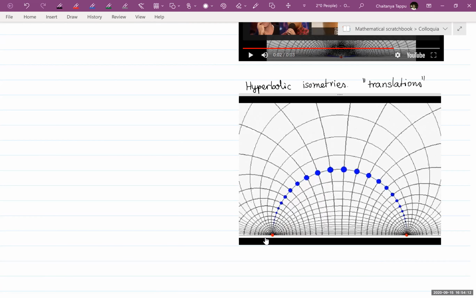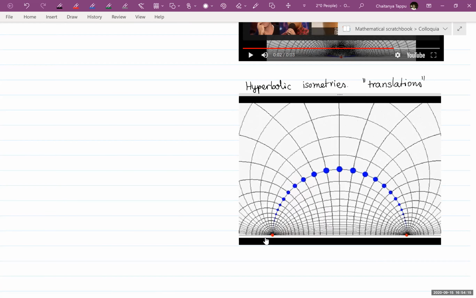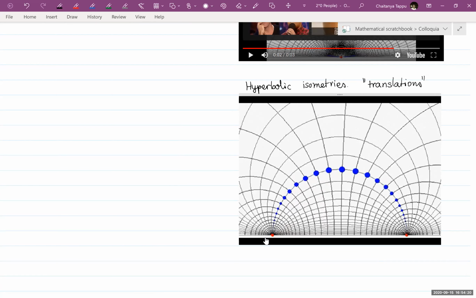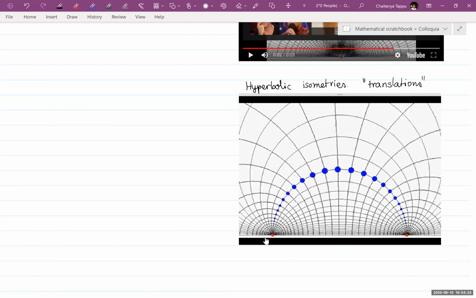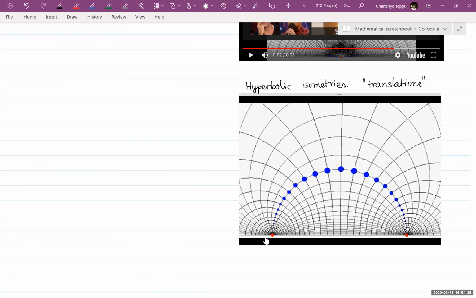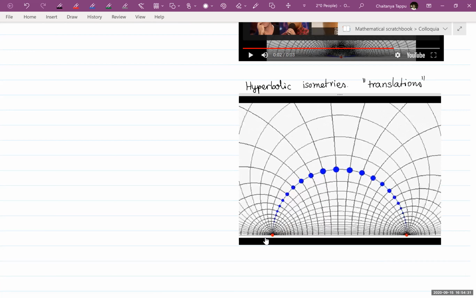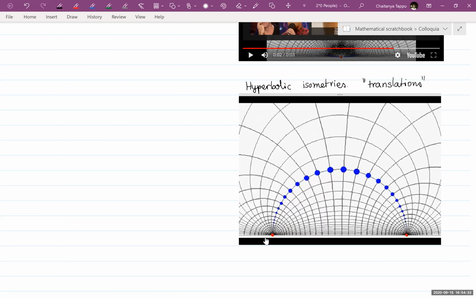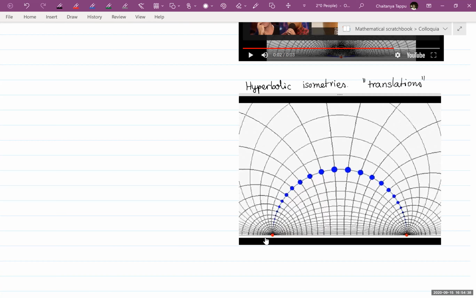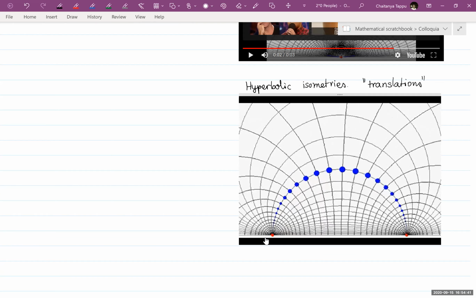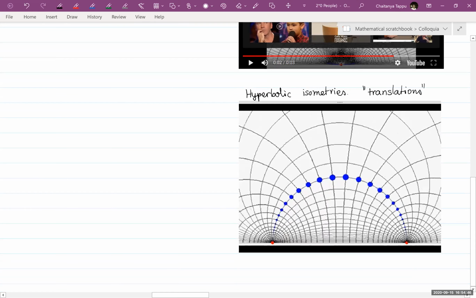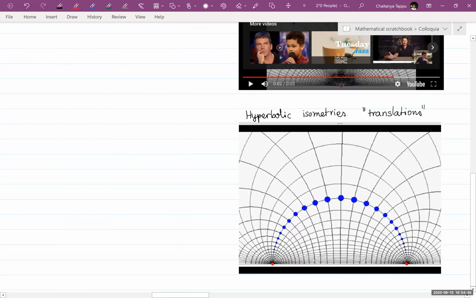What is happening is something like translation along that line. The geodesic has a certain number of marked points along it, which are the blue points, and all the other circles that you see are not actually geodesics. They're not perpendicular to the boundary. But you still call it translation along the geodesic.